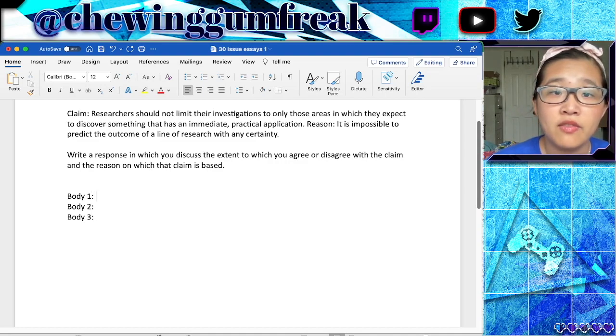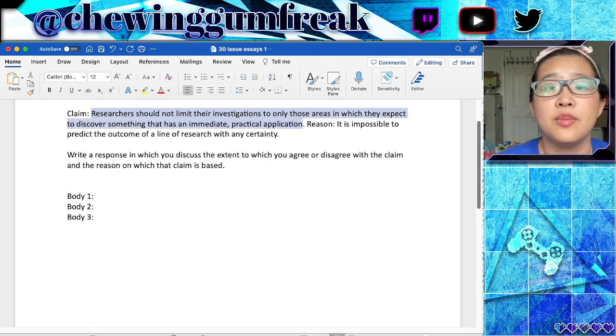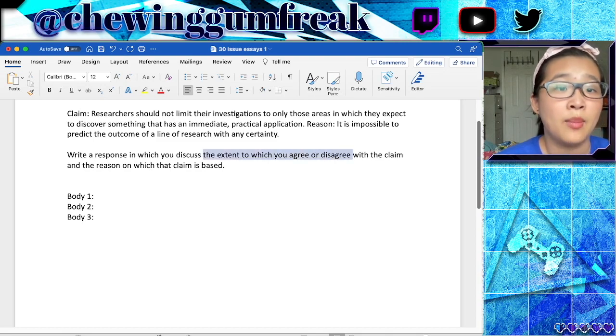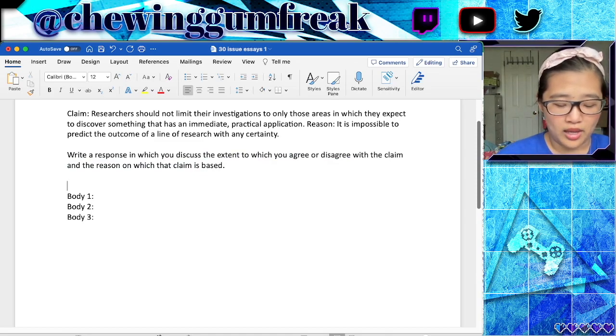And we have this: researchers should not limit their investigations only to areas in which they expect to discover something that has an immediate practical application. And then the extent to which you agree or disagree with the claim and the reason on which the claim is based. So what I'm gonna do here is go with mostly agree.